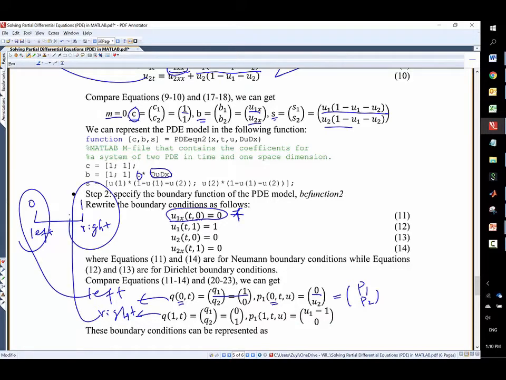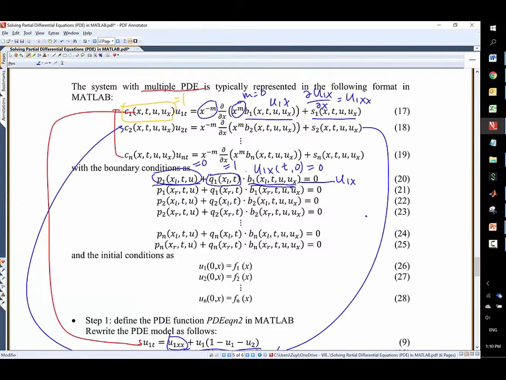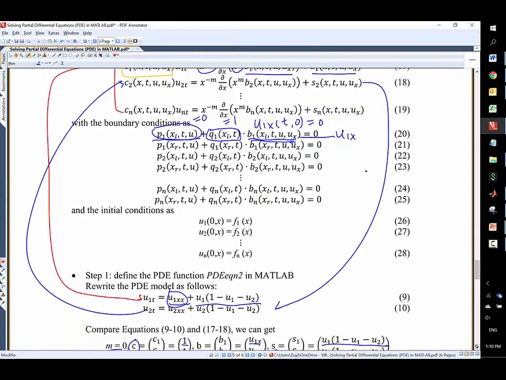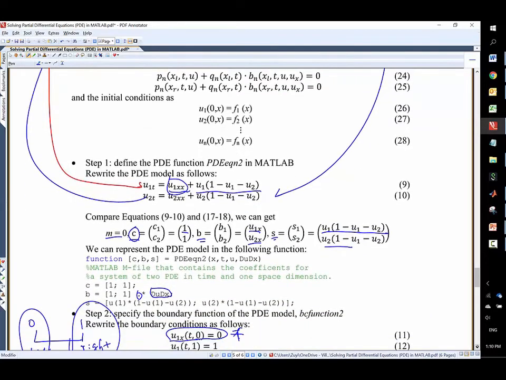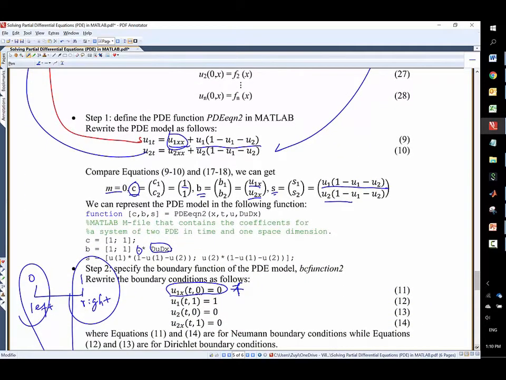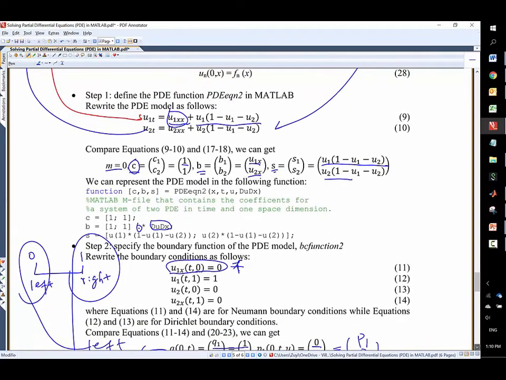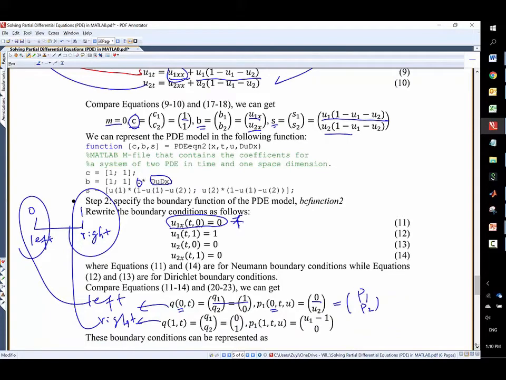Therefore p1 equal to 1, 0, and q1 equal to 1, and then b1 equal to u1x. Okay, now let's work on the second.